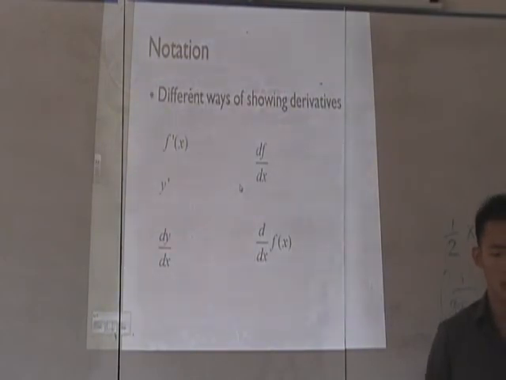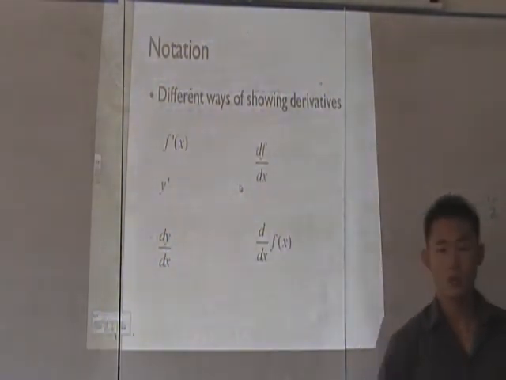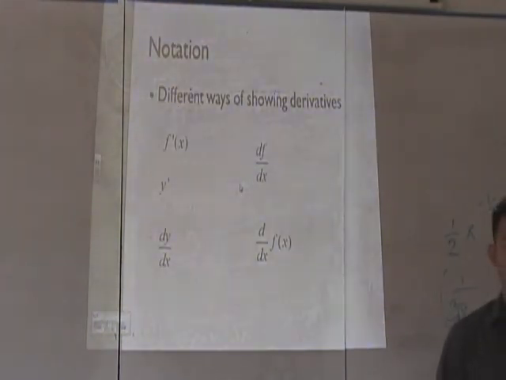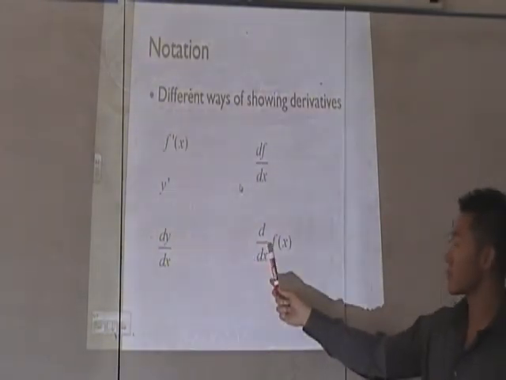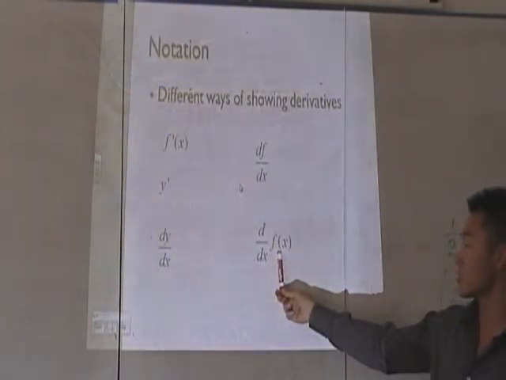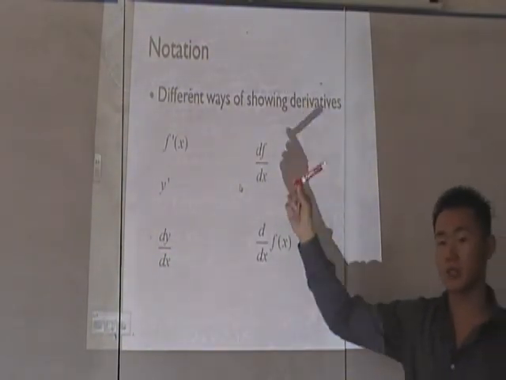These 3 they use all the time, on the exam, in the book, everywhere. Any calculus class uses those 3 probably the most. Then they still use this one also, and this one I don't really see that often. But if you do see it, that's what it means.